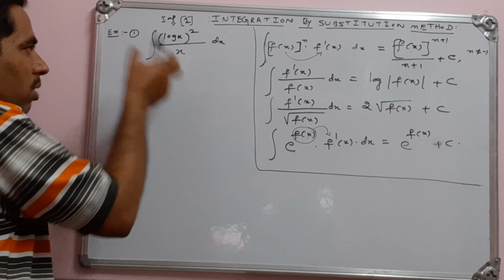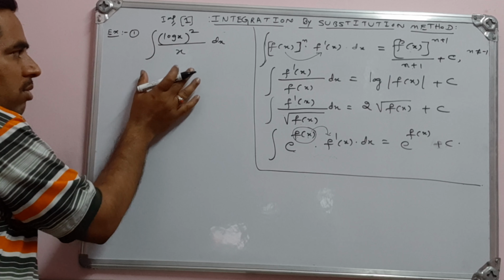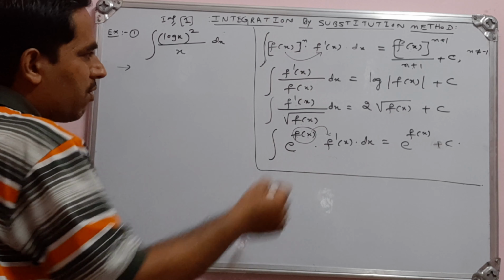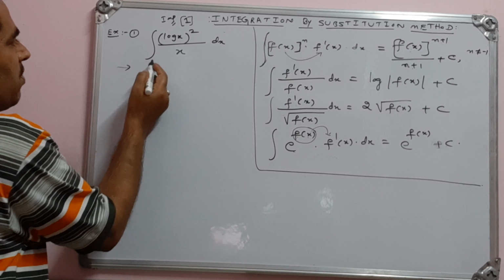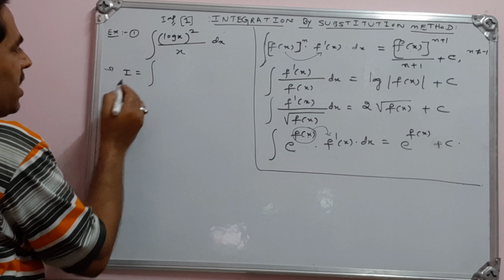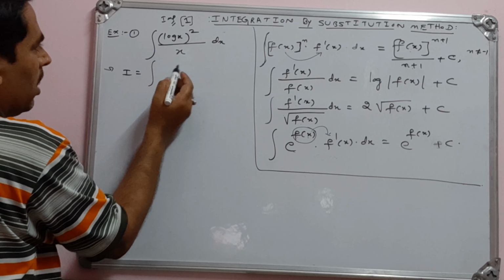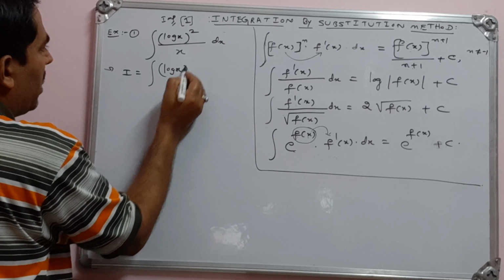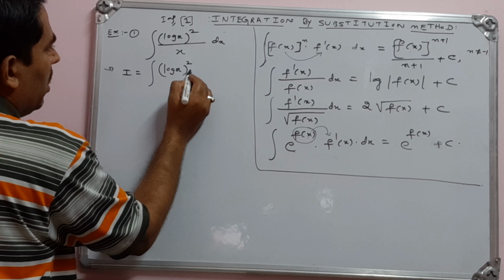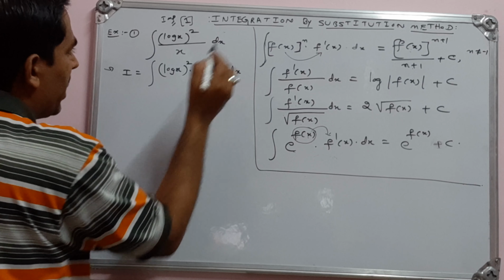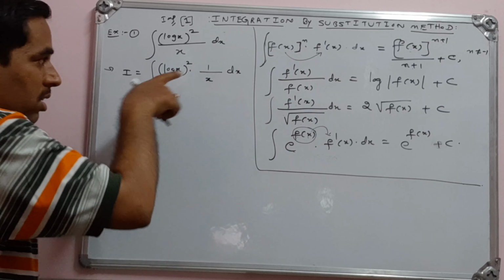Before going to integration, observe these results. Out of these 4 forms, what is this form here? Let us equate it to I. I is equal to log x whole square in the numerator into x in the denominator, so I will write the same thing: 1 by x into dx. Now observe the right hand side and left hand side.